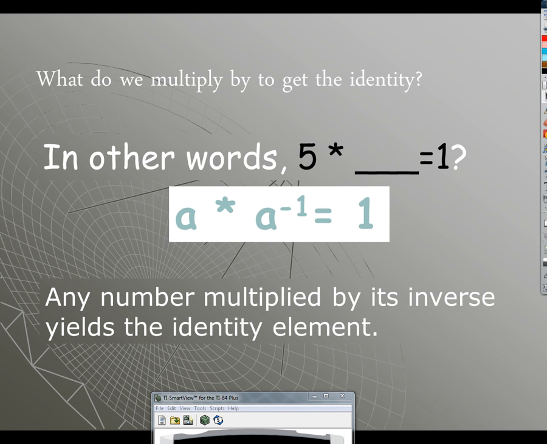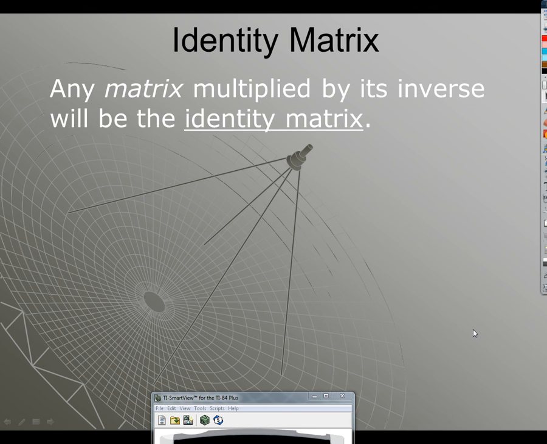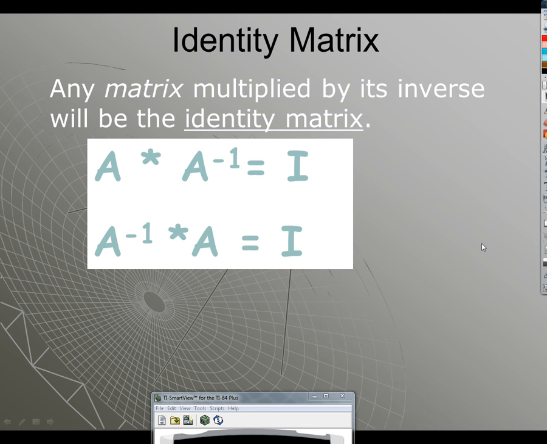Okay? Now, for matrices, it's going to mean something just a little bit different. So, same thing is true, though. Now, when we write capitals, we mean matrices. When we write lowercase, we just mean numbers. So if I'm multiplying matrix A times its inverse, I should get back 1 also. Or if I multiply the inverse of A times A, I should also get back 1.